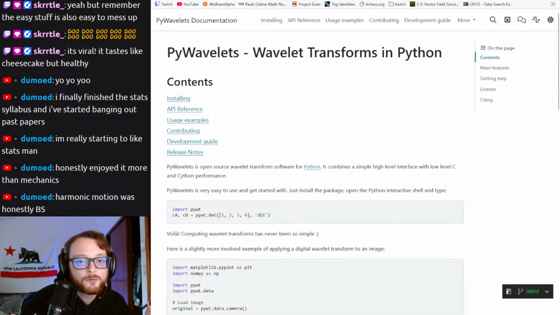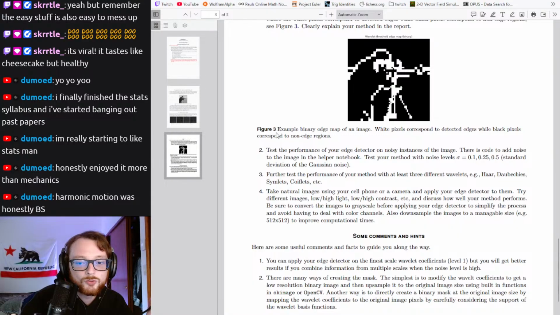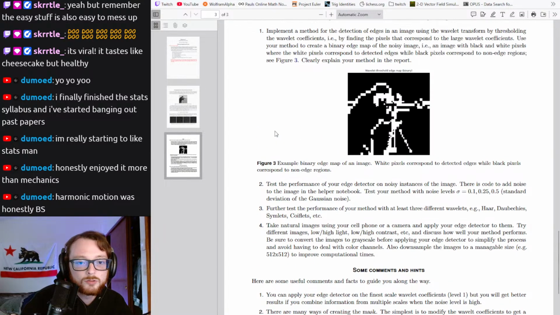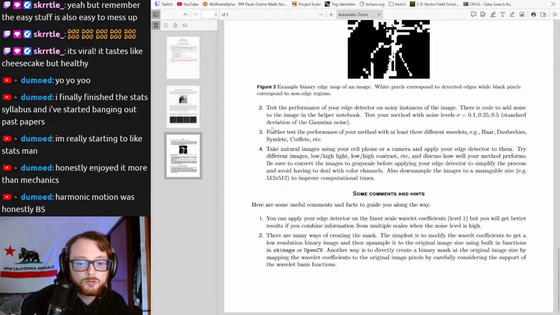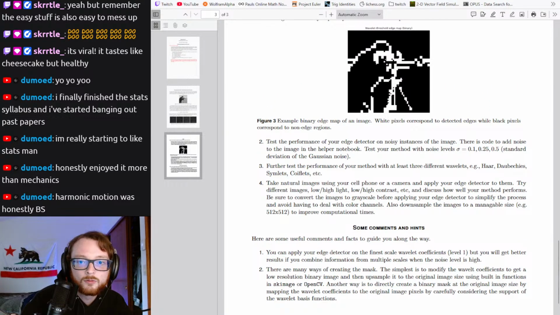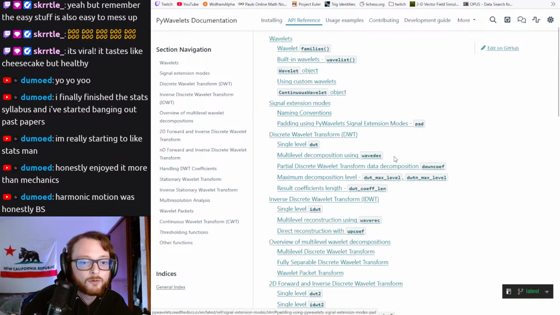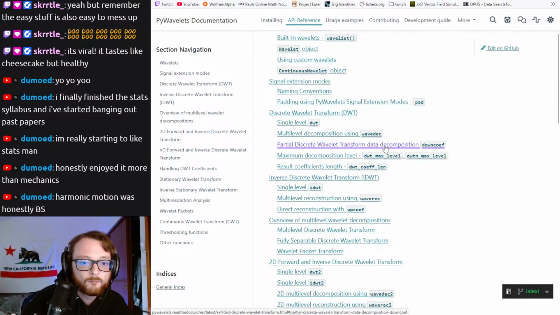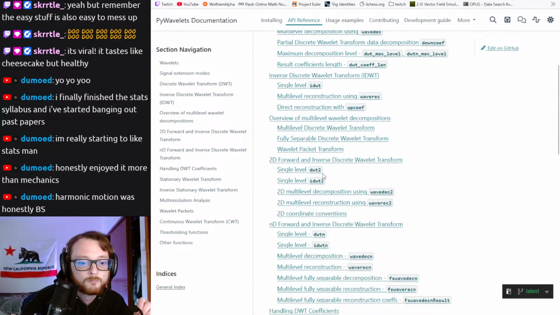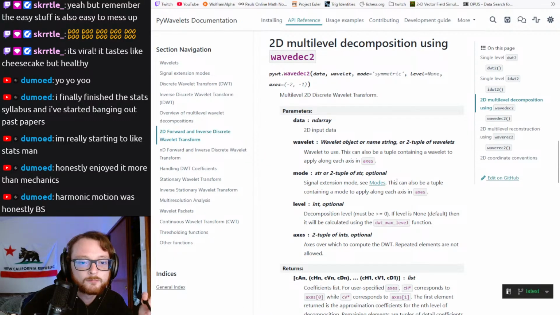So we can deal with noise is to look at multiple scales, whatever that means. Is this what I want? Multi-level decomposition?